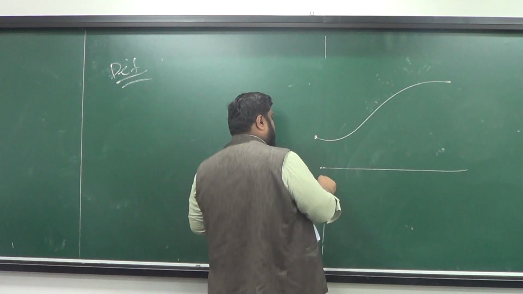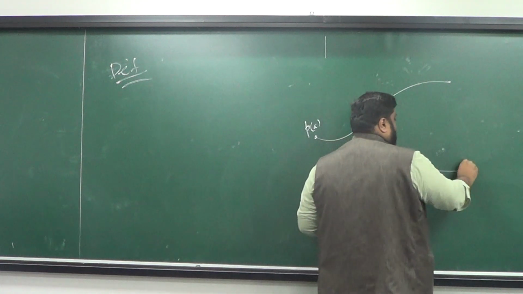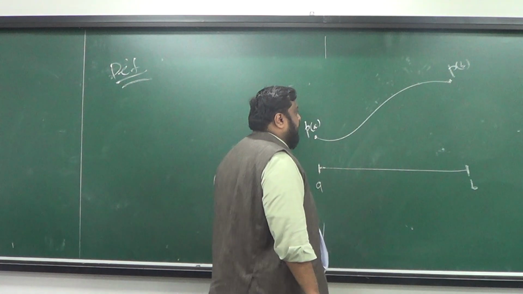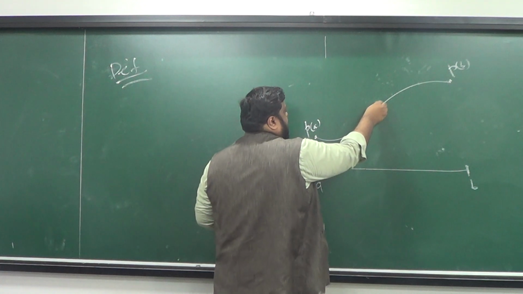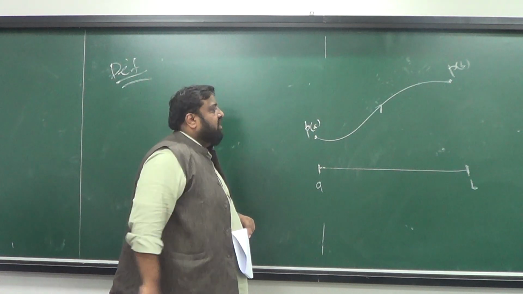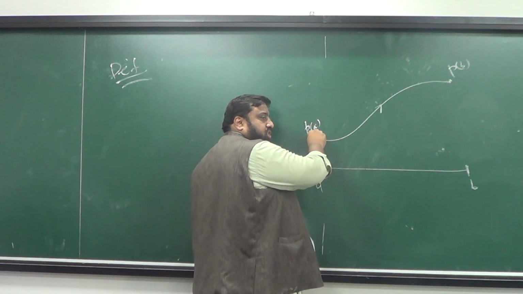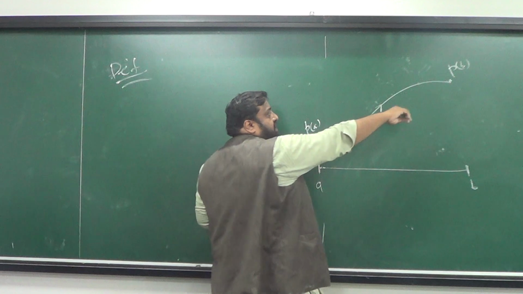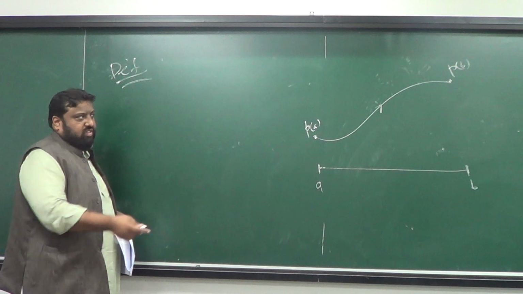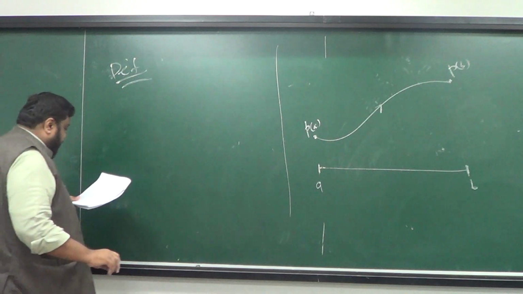If this point is, for example, A, then this point must be P of A. If this point is B, then this point must be P of B. And in addition, if this curve has an orientation, so it goes one way or the other way, then you're going to say that this point is the initial point of the curve segment, and this point is the terminal point of the curve segment. So I would like to put it in the form of a definition.